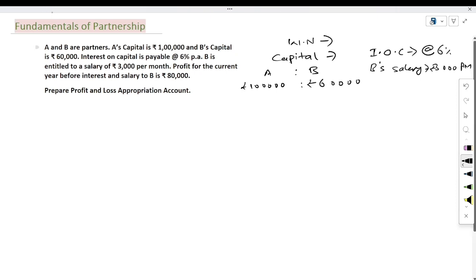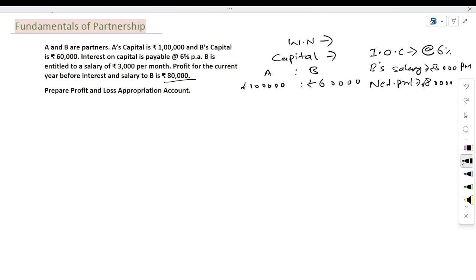And profit for the current year before interest and salary to B is rupees 80,000. Here net profit is also given. Net profit is 80,000 rupees. Now the question is asking about the preparation of profit and loss appropriation account.